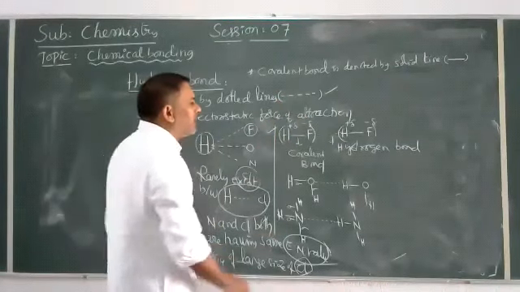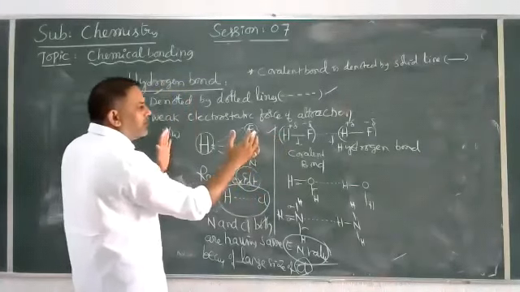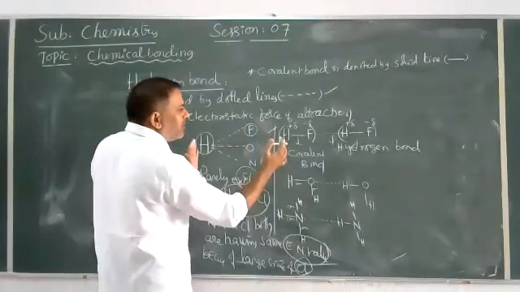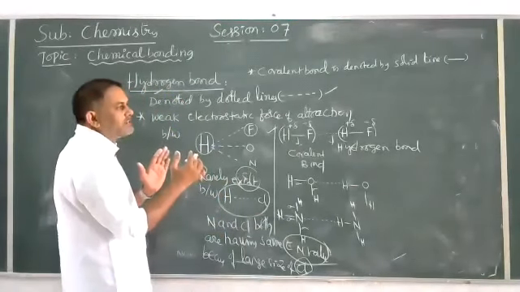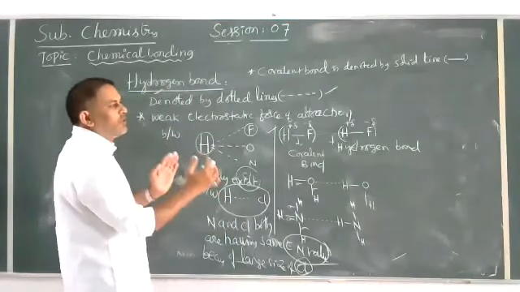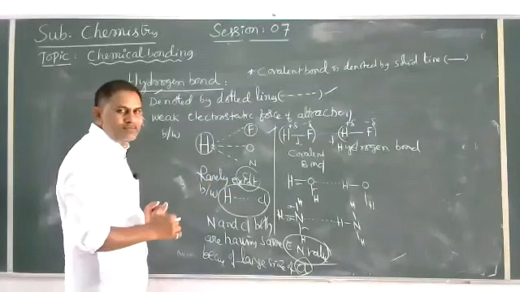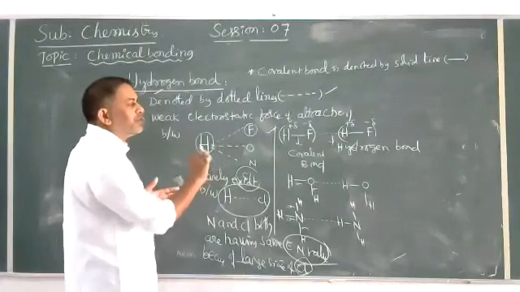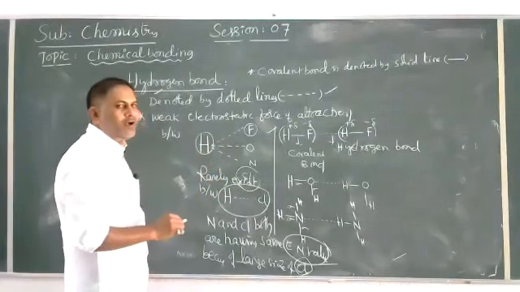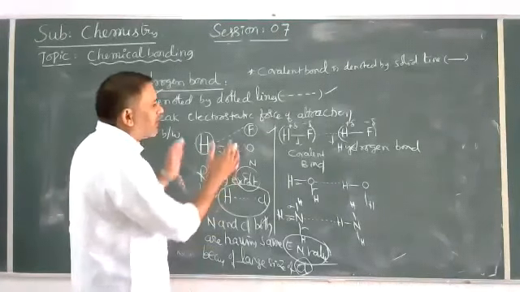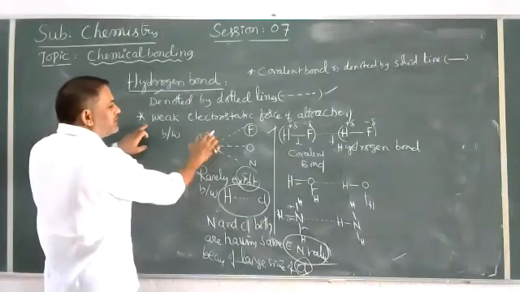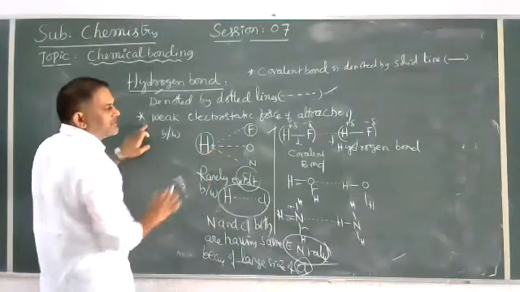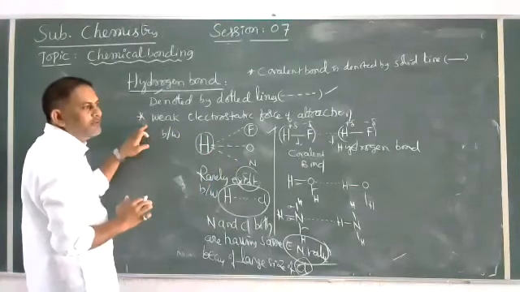That's why there is a variation in energies of 5 to 10 kilocalories or kilojoules between covalent and hydrogen bonds. Here, a hydrogen bond is a weak electrostatic force of attraction. So many examples are there.